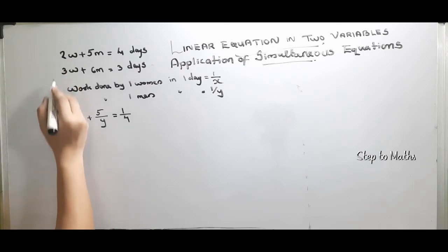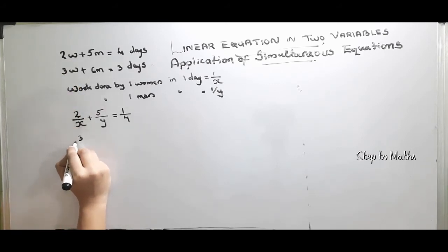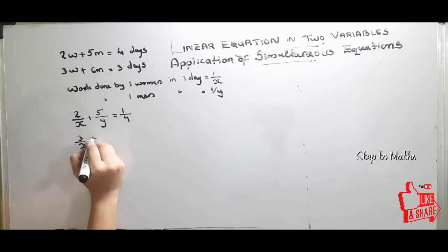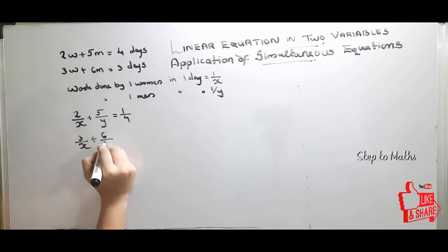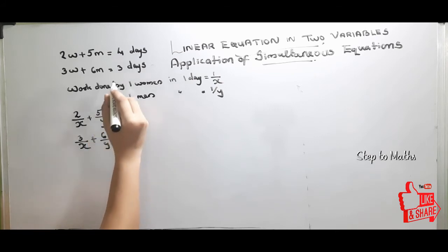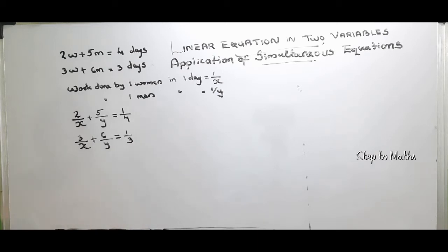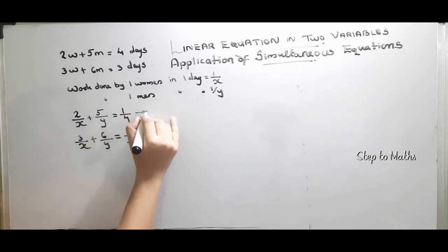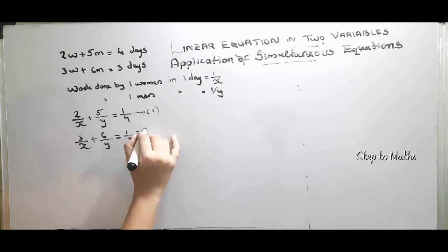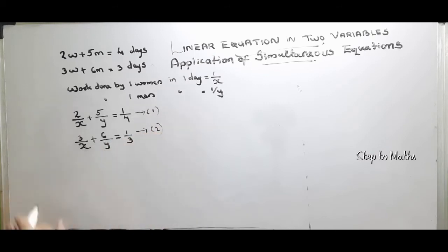Similarly, the second equation we can write: three women and six men can do the work in 1 day is 1 by 3. Now we get two equations. If we get two equations in this form, we know how to change them into linear form and how we can solve. Just move to that part.